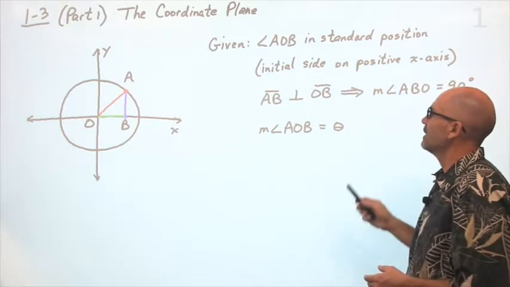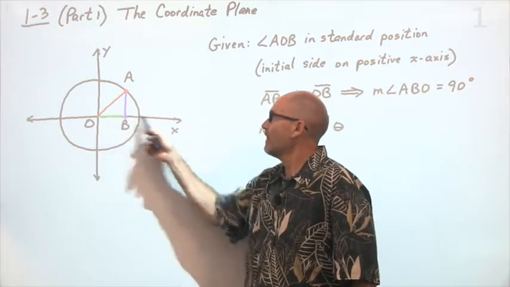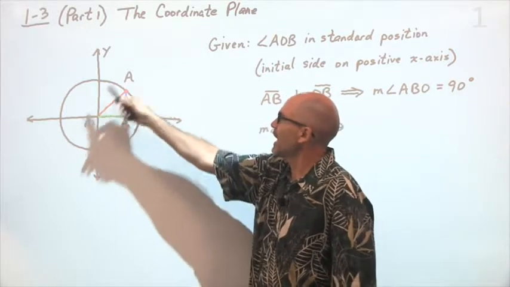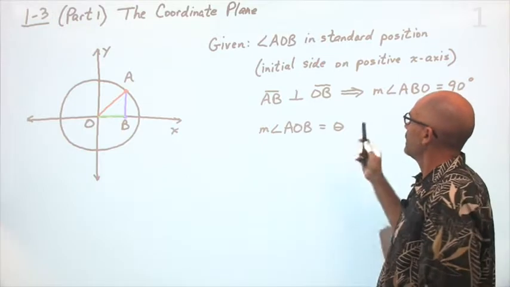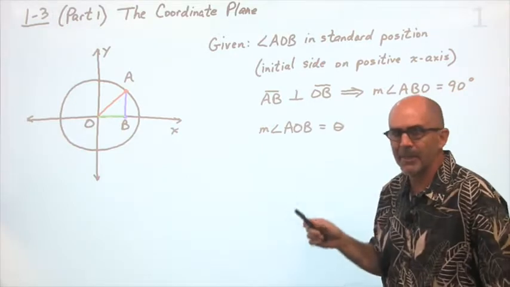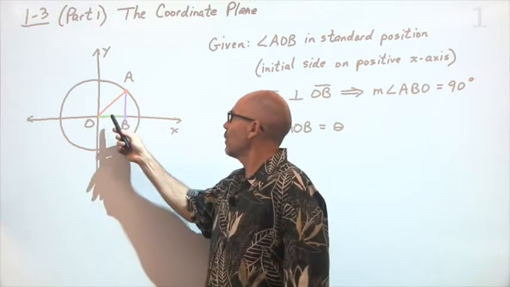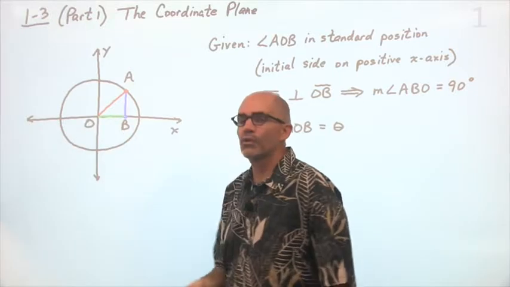That means the initial side, OB, is on the positive x-axis, and the terminal side is somewhere in the XY coordinate system. In this case, it happens to be in quadrant 1, but we're going to be dealing with the triangle when OA is in the second, third, and fourth quadrants as well.